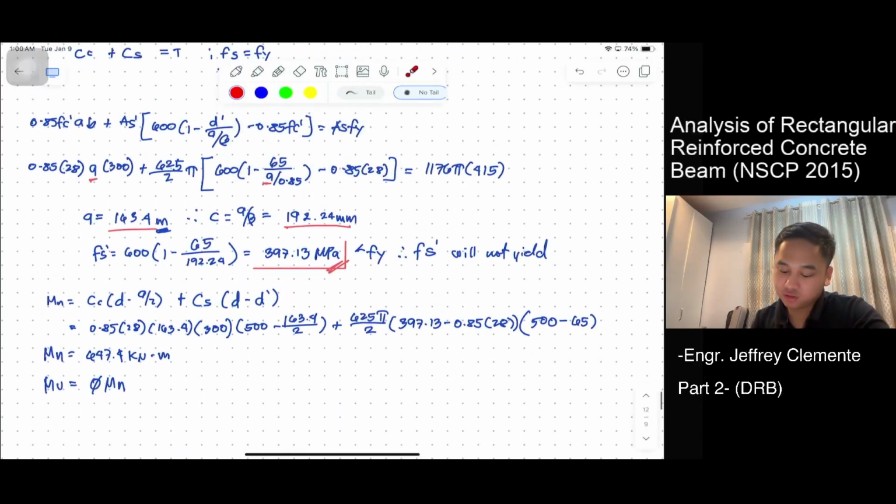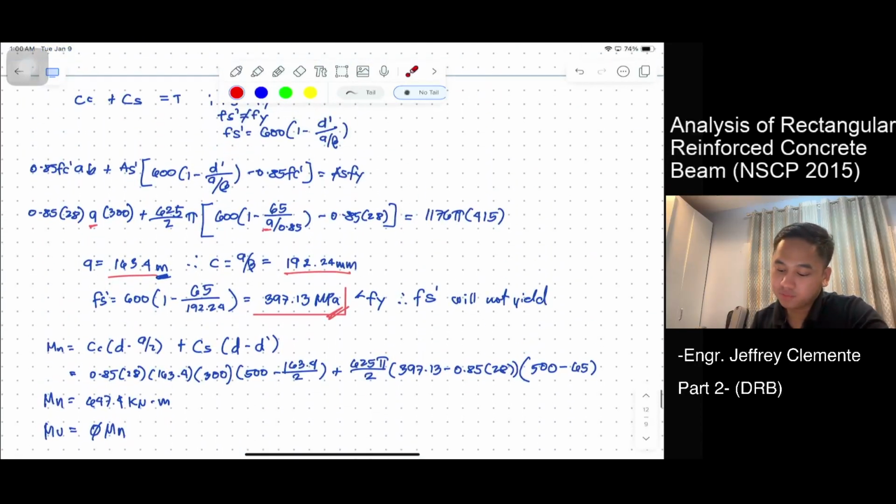But let's say solve din natin muna. Kung dito, doon lang natin na yield yung bakal sa tension side, kaya ang ginamit natin 413 kasi lumagpas na siya ng 415, nag-yield yung bakal. So let's say, kung nga rin hindi natin alam kung nag-yield ba talagang bakal, solve ko na rin yung Fs. Fs pala, 600 dt over C minus 1.